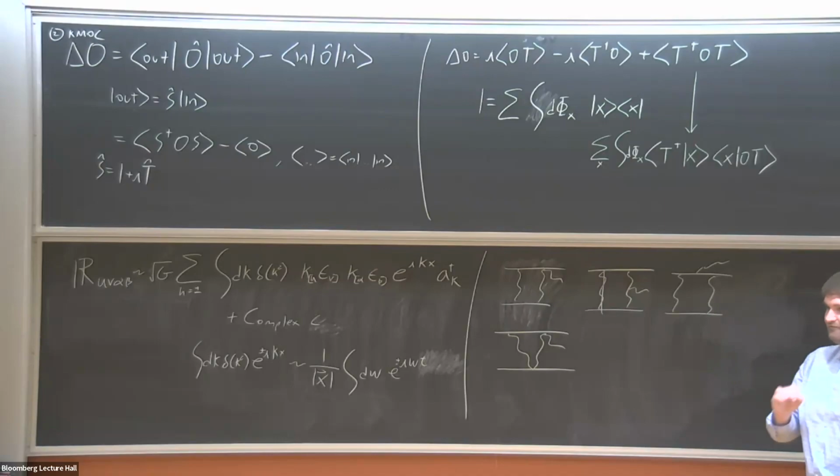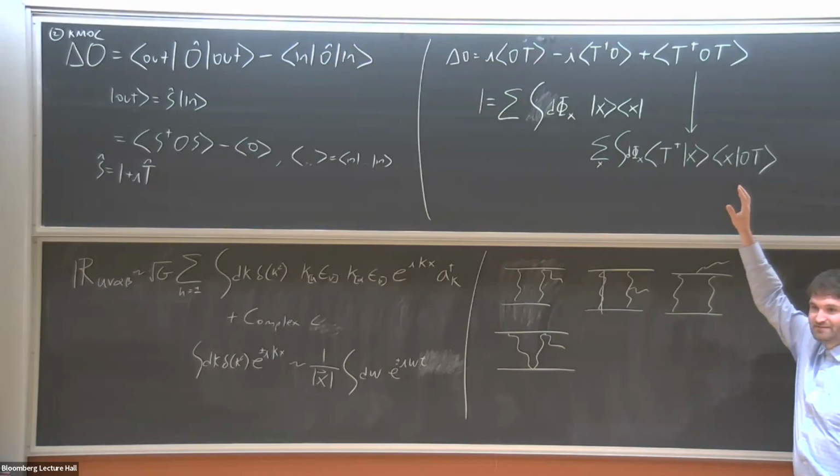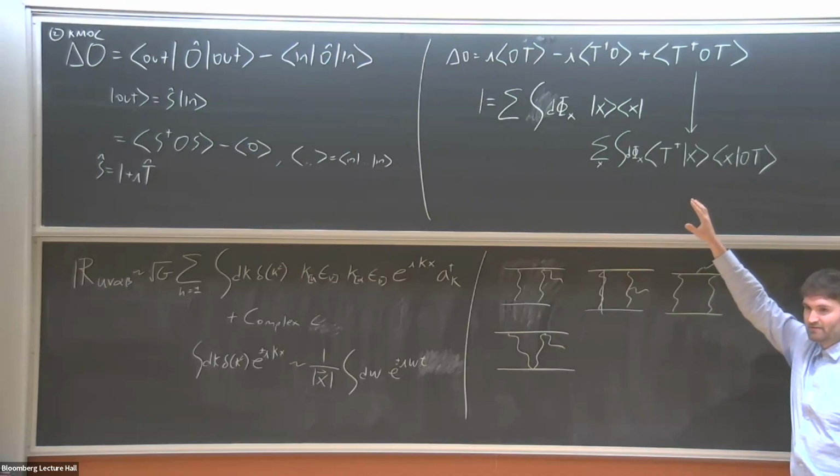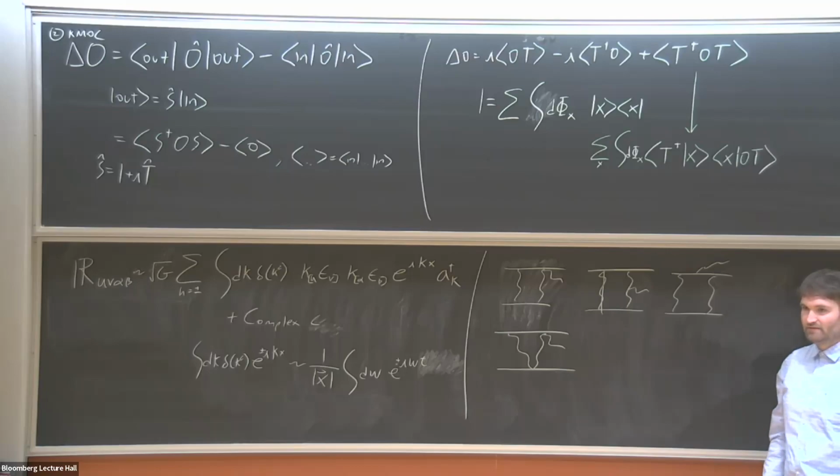I have not verified it for gravity, and there's weird stuff that happens for gravity, which I'm going to get to at the end of the talk. So I'm not going to make any comment for gravity. I'm just going to say that radiation reaction in E&M, you can relate to T dagger OT terms, roughly, like the imaginary part of this matrix element. For gravity, I think it is more complicated, and that is something that I'm currently trying to work on.